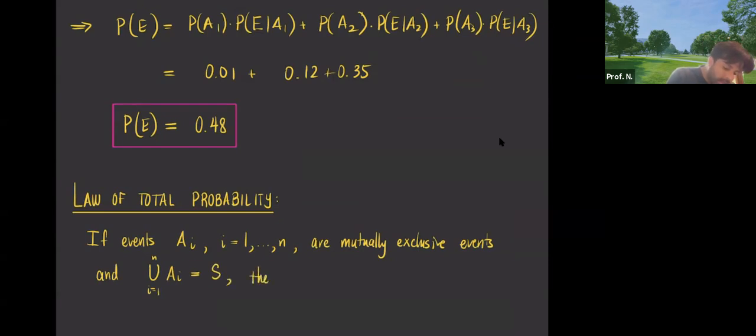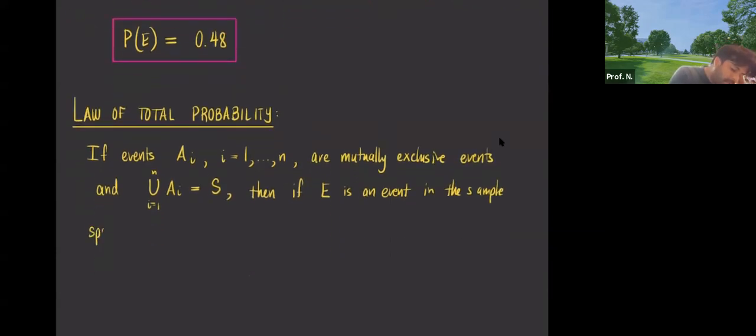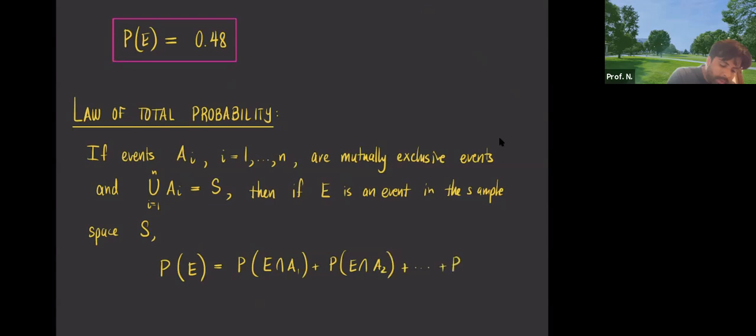Then if E is an event in the sample space, then the probability that E occurs is equal to the probability that E intersect A1 occurs, plus the probability that E intersect A2 occurs, all the way to the probability that E intersect An.